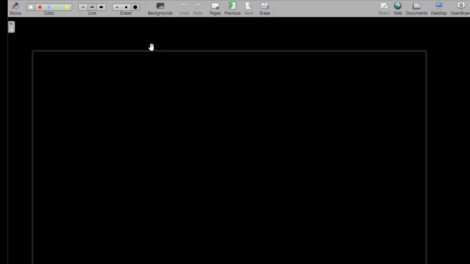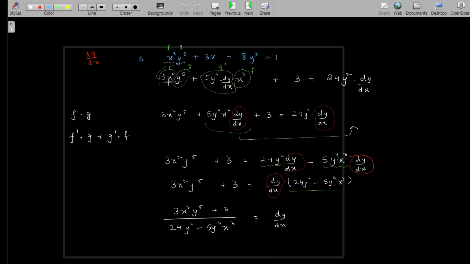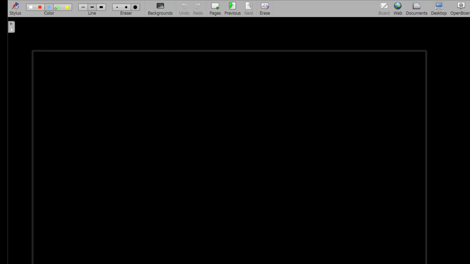If you're clear with this, then higher order derivatives and differentiation of inverse functions will not take much time, but this is really important to be able to do implicit differentiation. Can you try this? X square times tan y plus y raised to 10 times secant of x equals 2x.